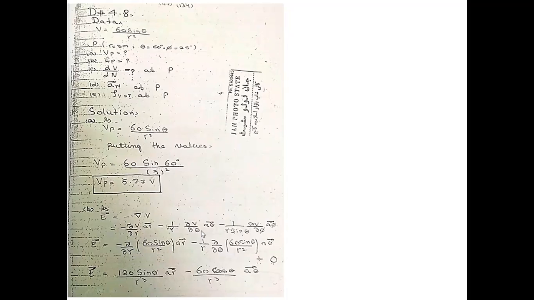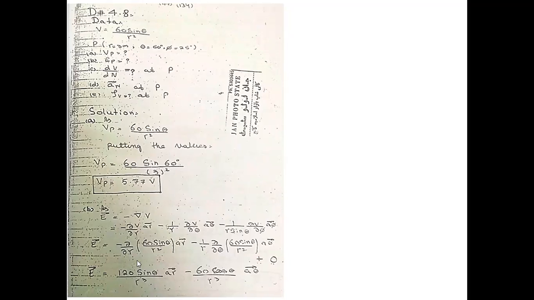Similarly, in the theta portion, the partial derivative will only be applied to the sine theta, and r square will be considered as a constant for this differentiation. Okay, and there is no phi term involved, so this will be automatically zero.